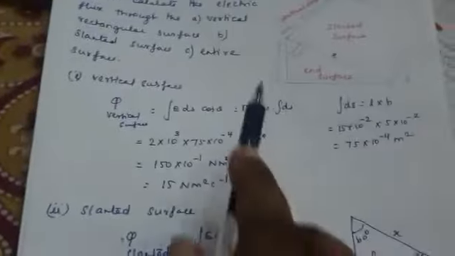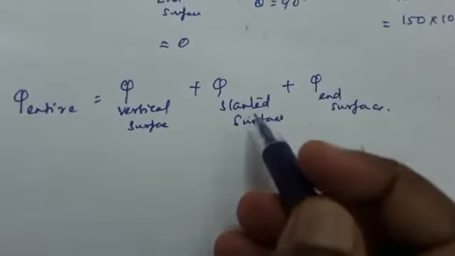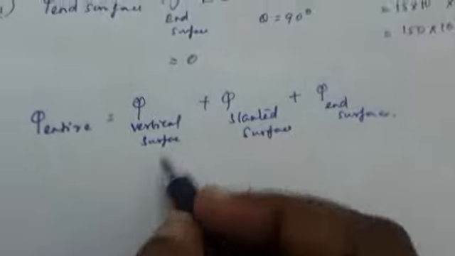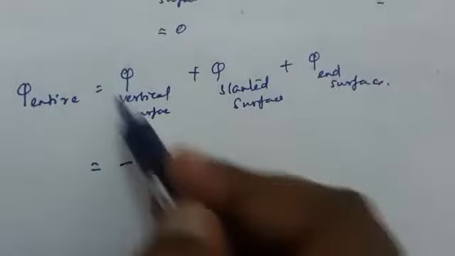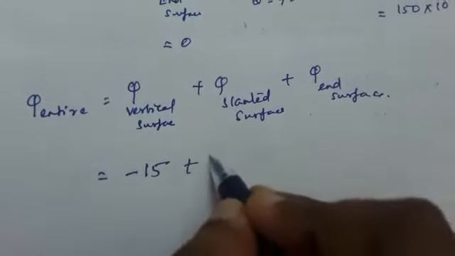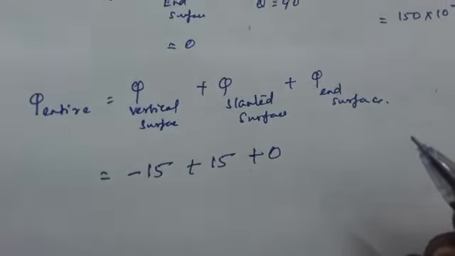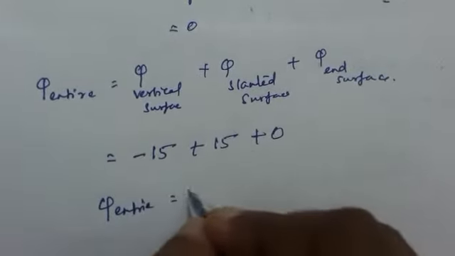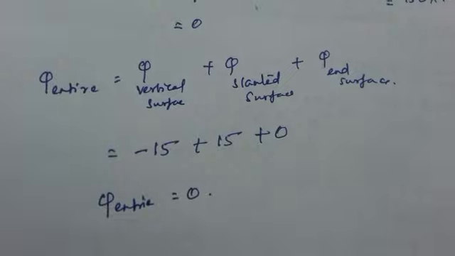So we take the flux entering the surface as negative and the flux going out of the surface as positive. The flux in the vertical surface is minus 15 because the field lines are entering. The flux in the slanted surface is positive 15. In the end surface it is 0. So the net flux, the entire flux, is 0.